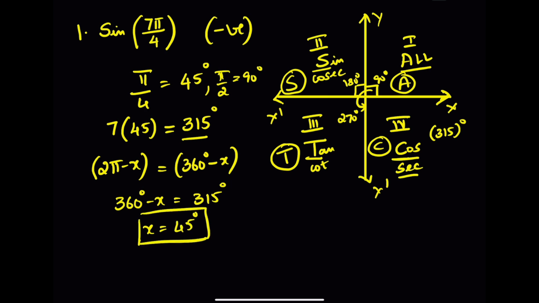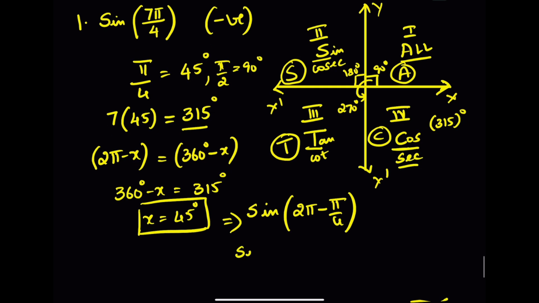So we can rewrite the question as sine of 2 pi minus pi by 4. That is what we changed the question to. If you apply the common denominator, it would be 8 pi minus pi, which is 7 pi divided by 4. Now, what is sine of 2 pi minus x?